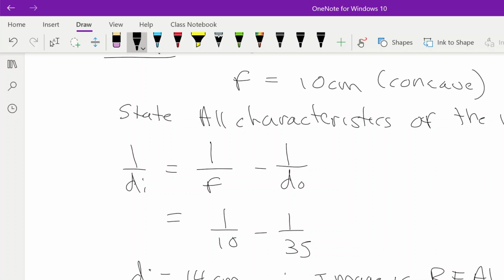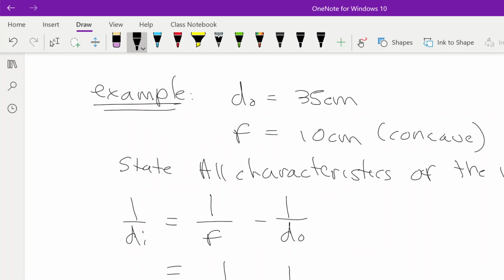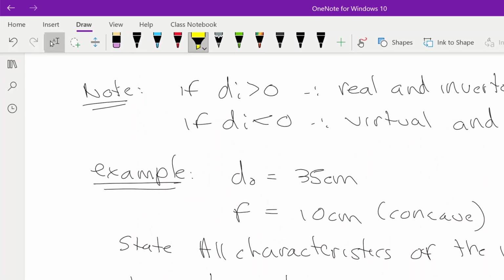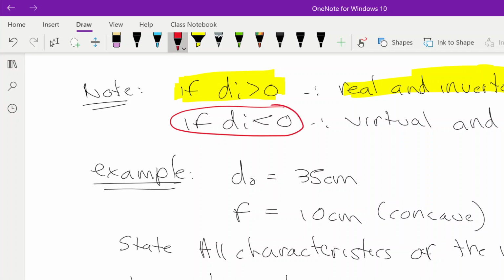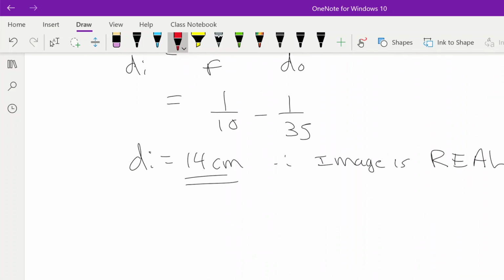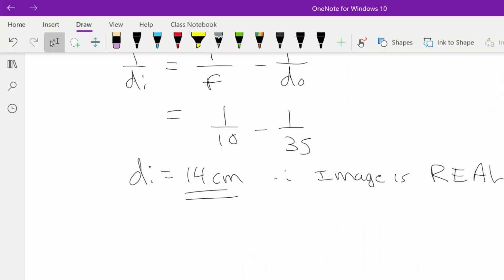So look at that, I'm almost completely done. How did I know that? Because that's the rule. If di is a positive number, which is the case we got here, then it's real and inverted. If di is a negative number, then it's virtual and upright. So I just go by my little chart. It's real and inverted.